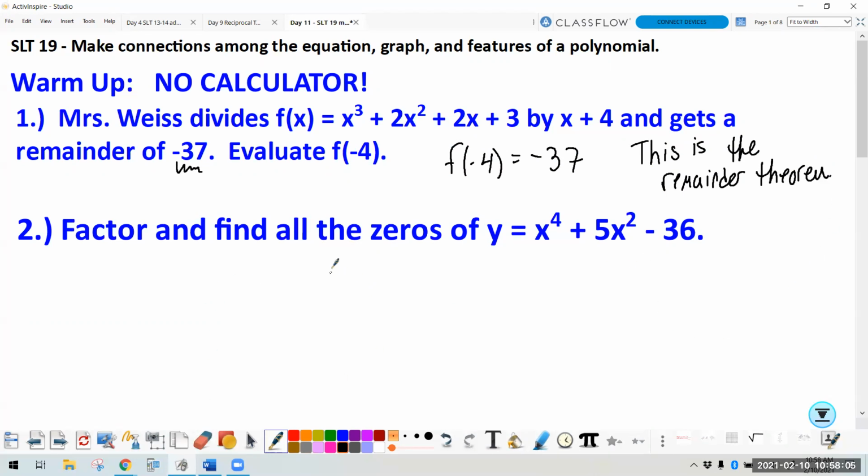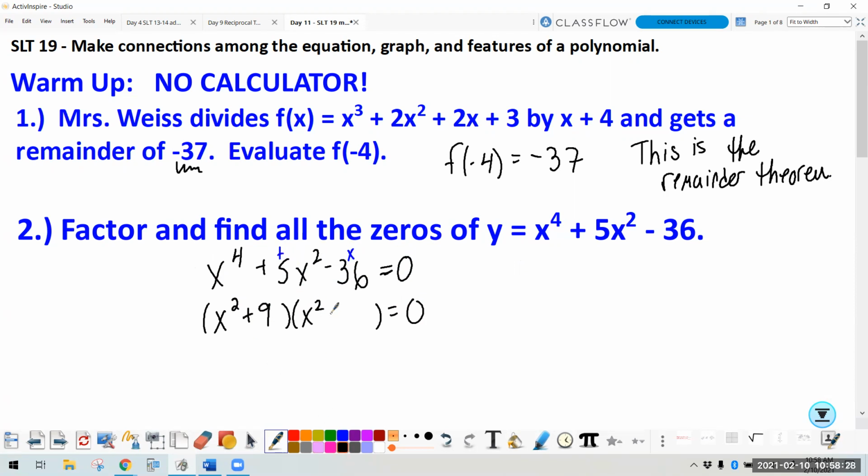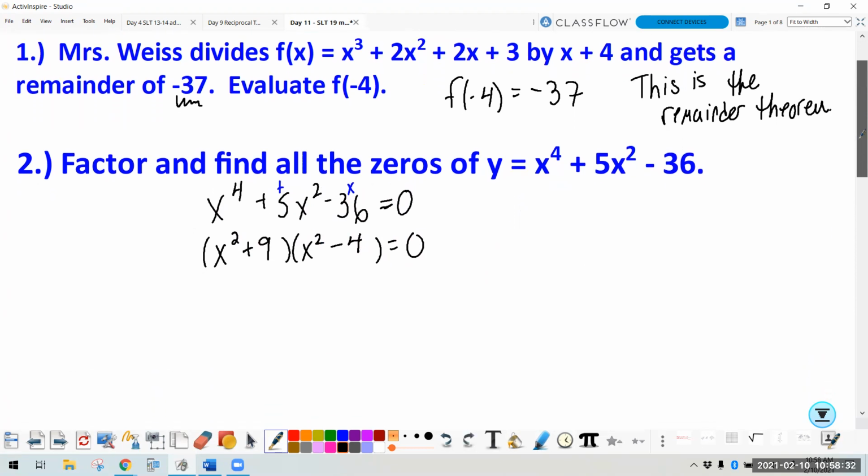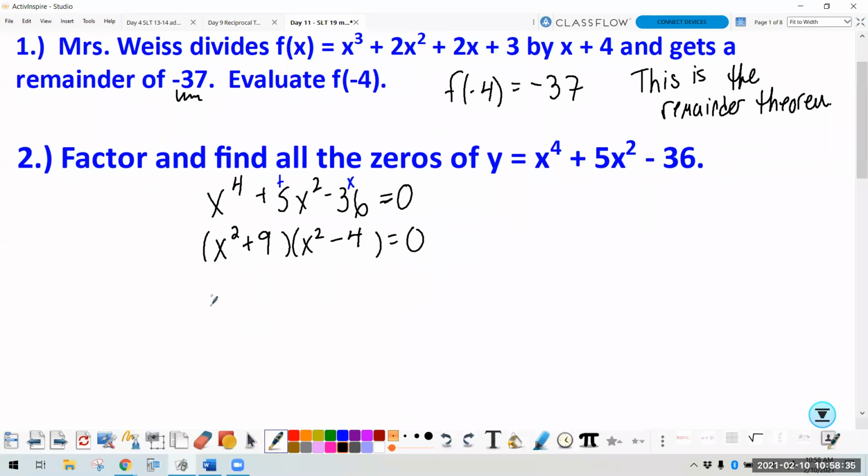For number 2, to factor and find all zeros, first let's set the equation equal to 0. Then we've got a higher power quadratic. What multiplies to -36 and adds to 5 will be +9 and -4. Then we're going to set each factor equal to 0.